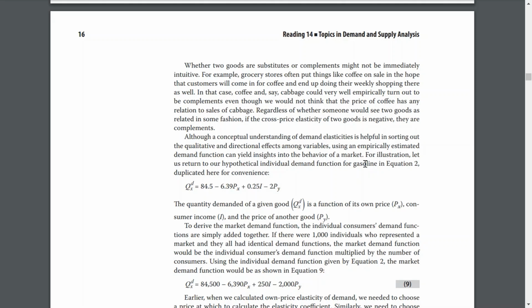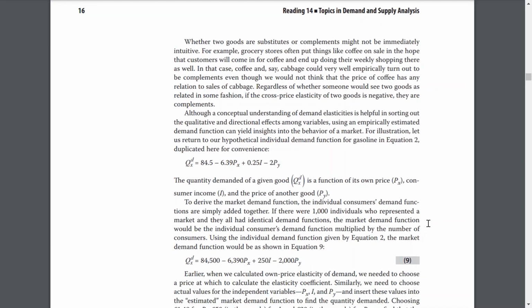Although a conceptual understanding of demand elasticity is helpful in sorting out qualitative and directional effects among variables, using an empirically estimated demand function can yield insight into the behavior of a market. For illustration, let us return to our hypothetical individual demand function for gasoline in equation 2, duplicated here for convenience.